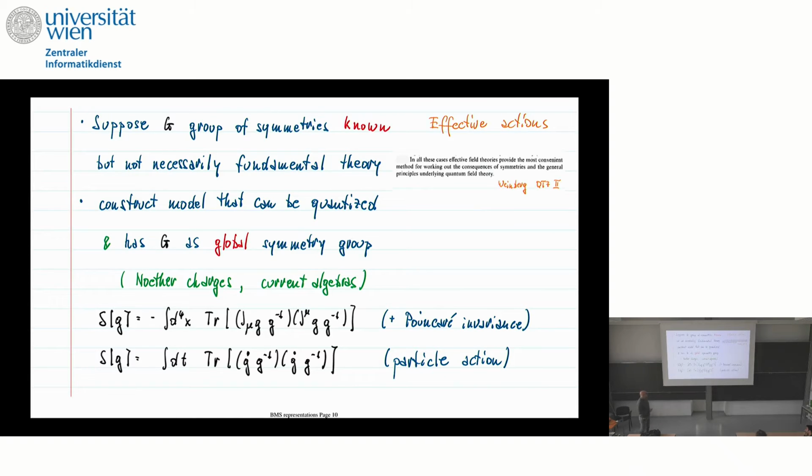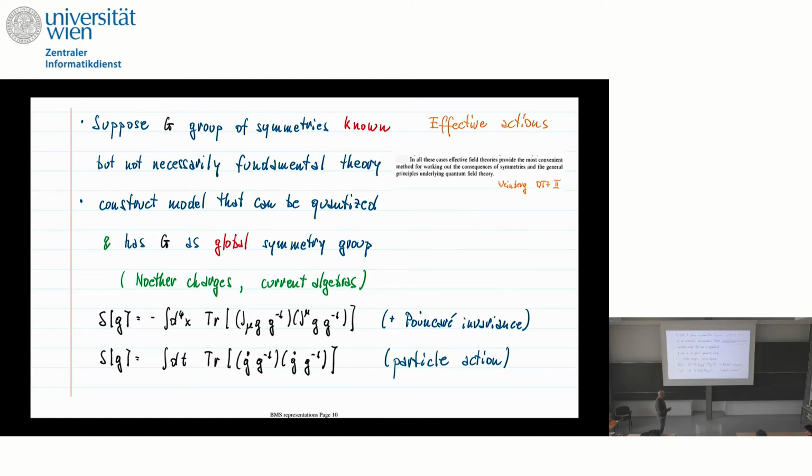Okay, but of course, one thing that you can do, and people have also done, even if you are interested in space-time groups, there is a version of that where you take as base space not space-time, so you have no Poincaré invariance from the base, but you take just a particle living on the group. But then the more interesting question sometimes is to also take, let's say, Poincaré or conformal groups to have them as global symmetry groups.